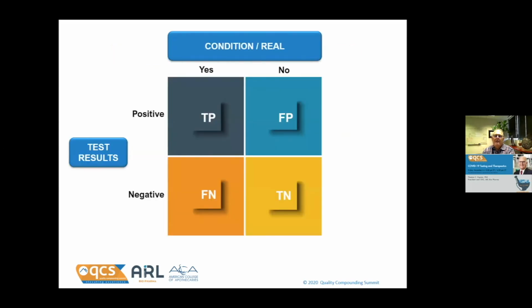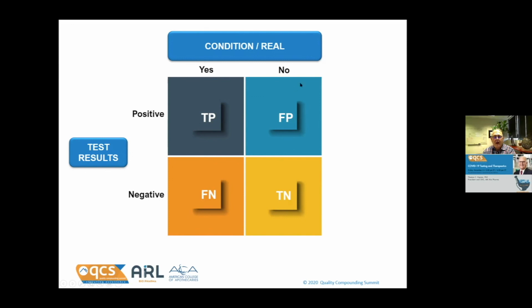Okay, I wanted to show this slide, and this is an important slide in that I talk about the condition or the disease. If you have the condition or have the disease, let's say you have COVID-19, you really have it. And the test, regardless if it's a rapid test, a real-time test, or an antibody test, reveals a positive result, then that's known as a true positive.